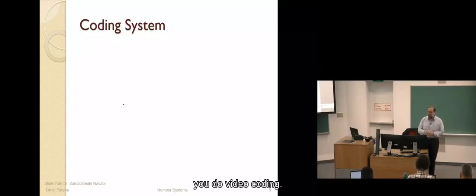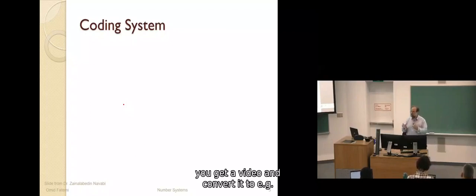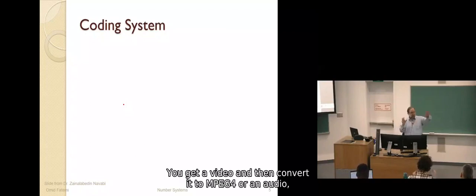For example, you do video coding, and when you do video coding, you get a video and convert it to, for example, MPEG-4 format. MPEG-4 is a format of binary numbers, 1s and 0s.